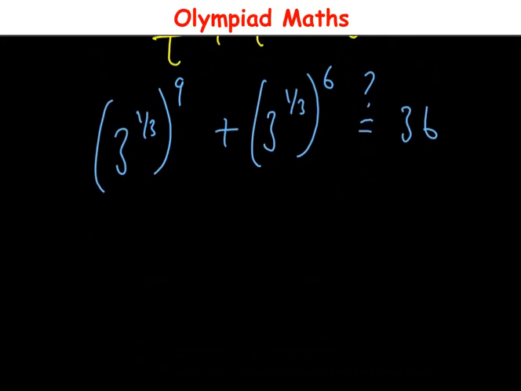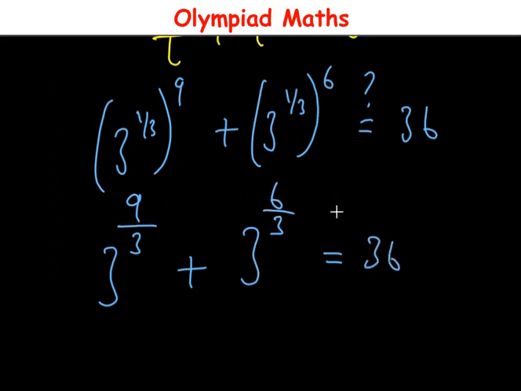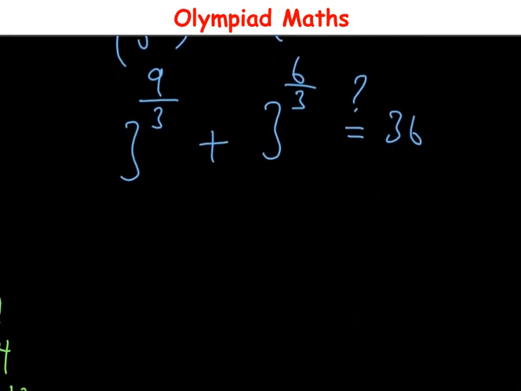Now from here, power 9 we multiply by 1 over 3, so 3 raised to power 9 over 3, plus 6 multiplied by 1 over 3, so 3 raised to power 6 over 3, does this equal 36? So from here, what we have is 3 raised to power 3, since 9 over 3 is 3, plus 3 raised to power 2, since 6 over 3 is 2.